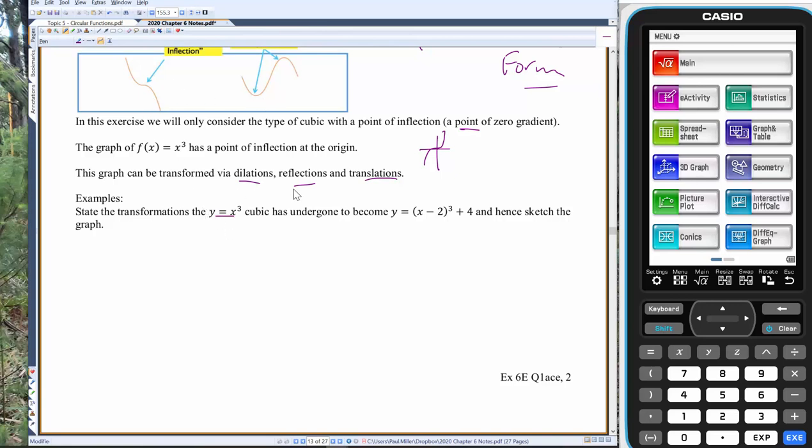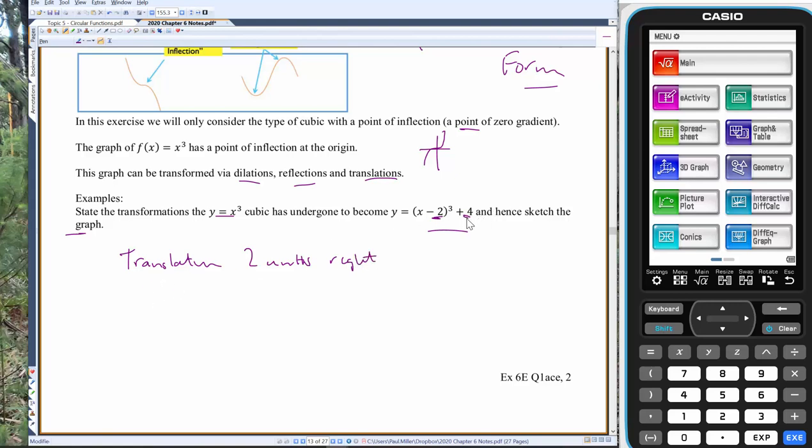State the transformations that it has undergone to become that, and hence sketch it. So what we're going to note is that that 2 means it's a translation of 2 units, right?